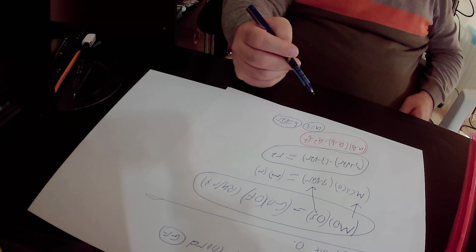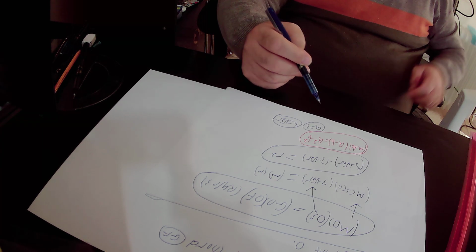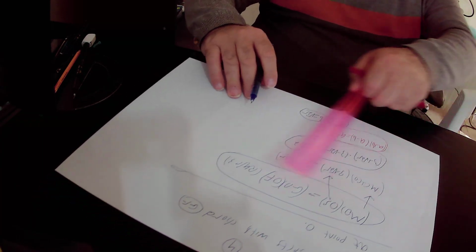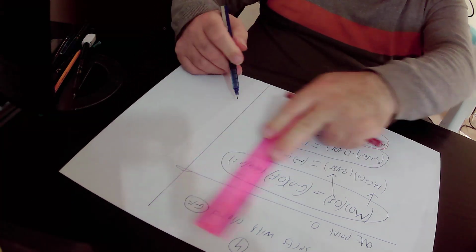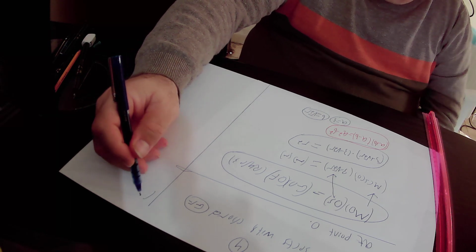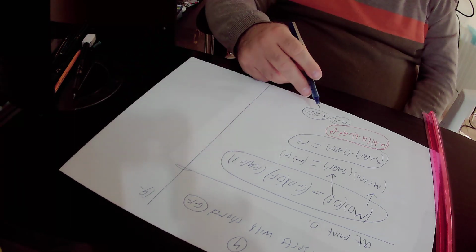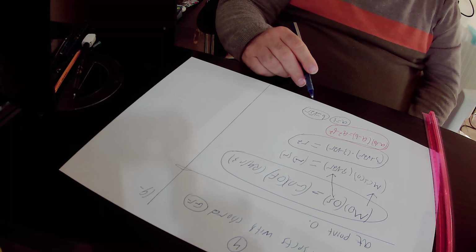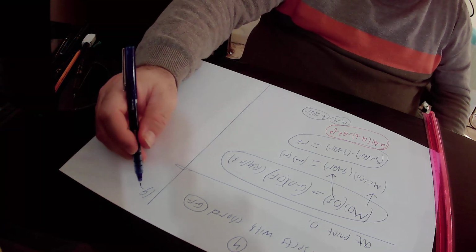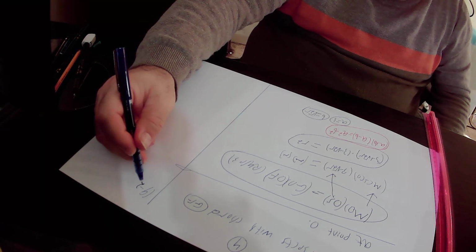A is 3. So A squared is 3 squared, that is 9. Minus B squared. B is square root of 2R. Square root of 2R squared equals square root of 2 squared, that is 2, times R squared.